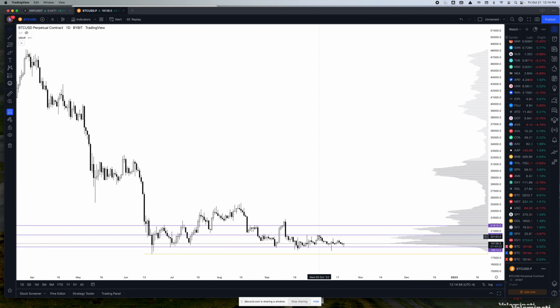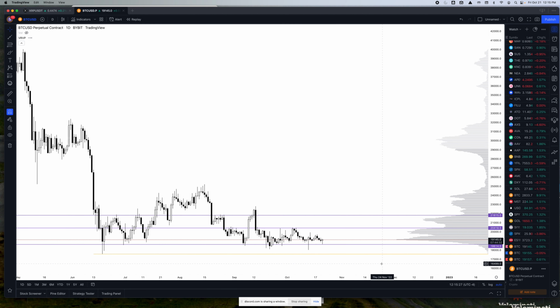So essentially if we go above 20.4, you can probably take a move up to 21, maybe even higher. If we were to lose this low, I really think we head down to those June lows. I don't necessarily expect crypto to just dump, but those are basically the levels that I'm looking at.